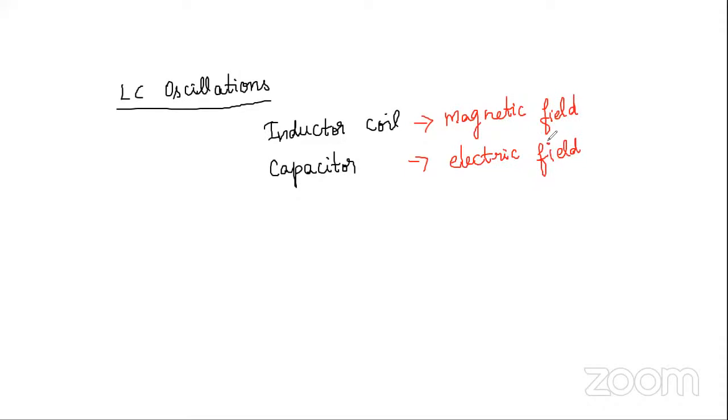So when you have an LC circuit and you supply some energy to it, according to the law of conservation of energy, the total energy oscillates back and forth between the electric field of the capacitor and the magnetic field of the inductor.